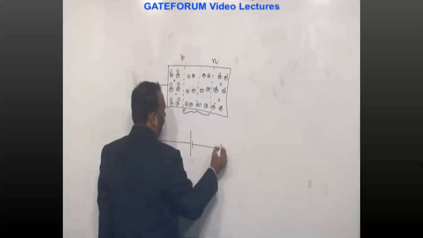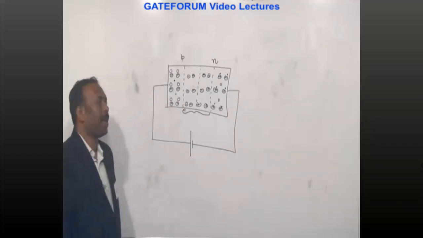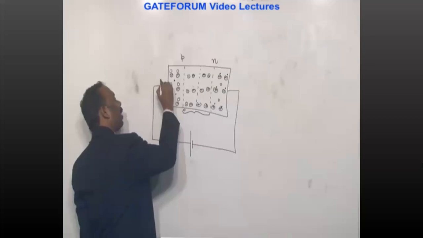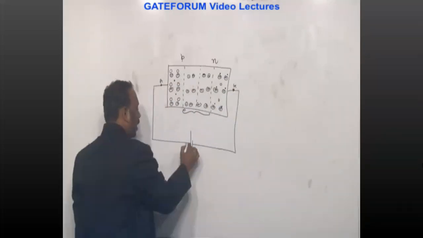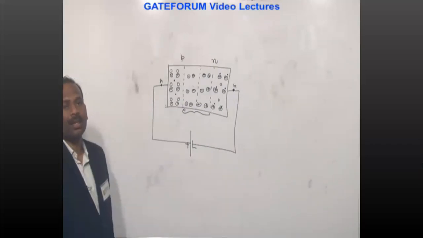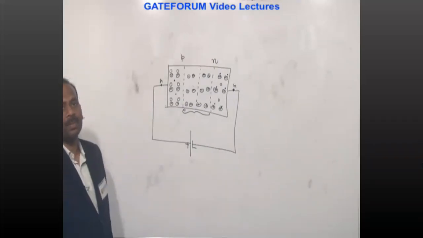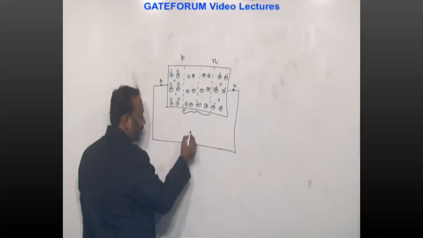Now we apply biasing like this. This is anode, this is cathode. The anode is connected at a higher potential than the cathode, therefore the diode is forward biased. Clear? Now what is going to happen?